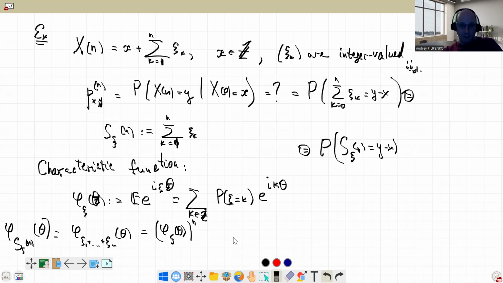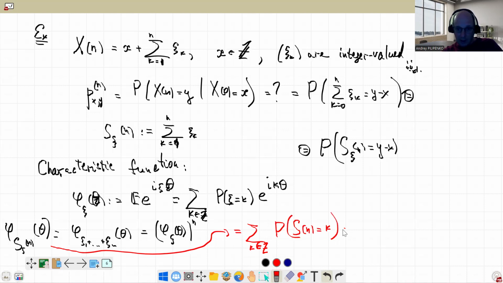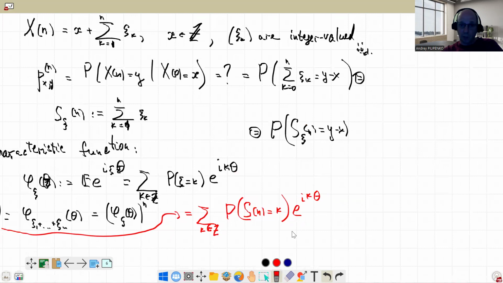And on the other hand, this is equal to the sum over all k in Z, probability that S_n is k, e to the power i k theta. And now we are ready to calculate the sum over n of p_xy^(n) s to the power n.